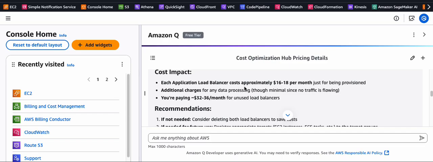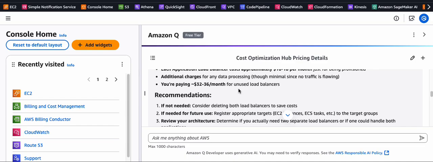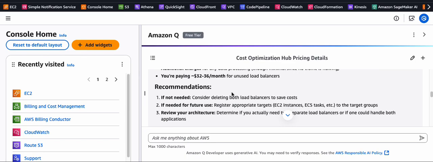So you can see here, 16 to 18 dollars per month I'm going to pay extra. It is forecasting as well, like this much usually for a month I'll be paying. I don't know why it is telling paying, but fine. Based on my configuration, it forecasted that this much amount I need to pay.